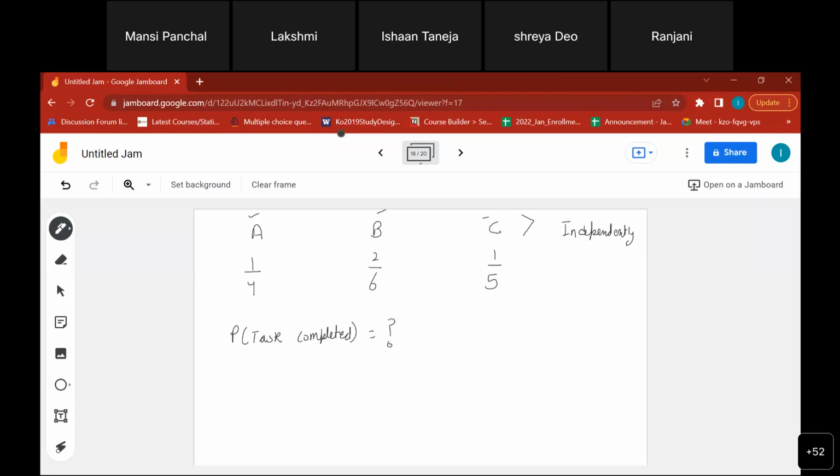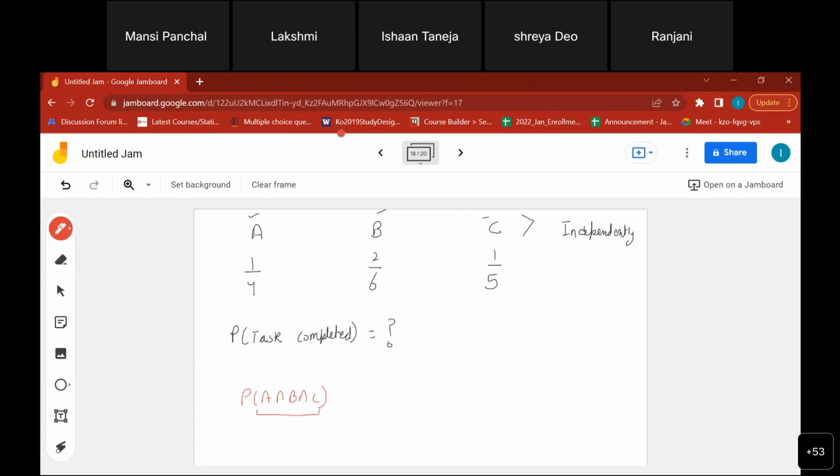1/4 into 2/6 into 1/5, right? Why so? We have to take the intersection of all cases. Okay, what does intersection mean over here? What does A intersection B intersection C mean?